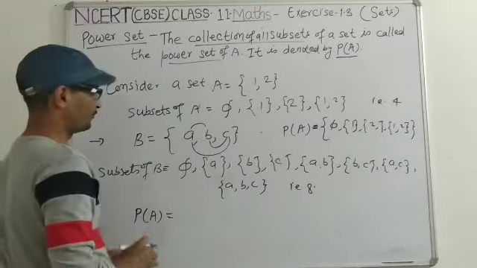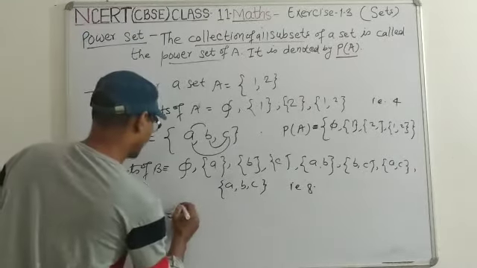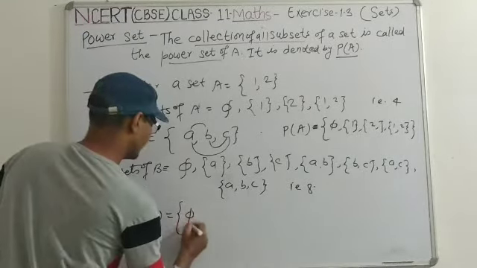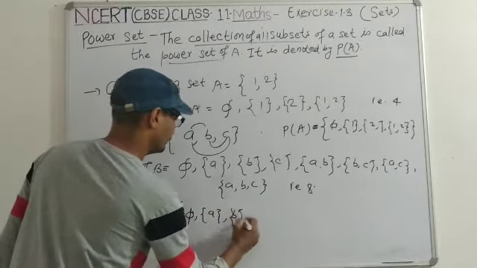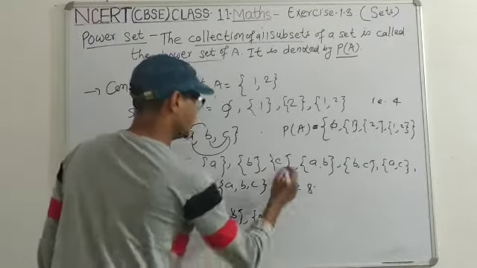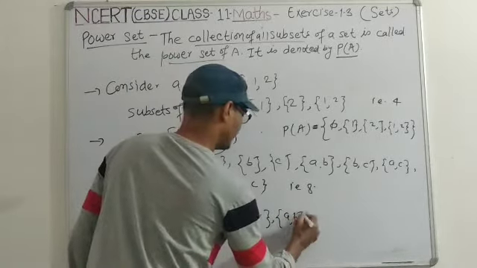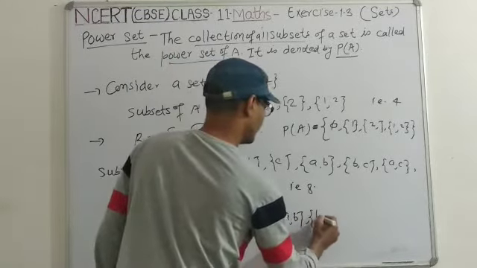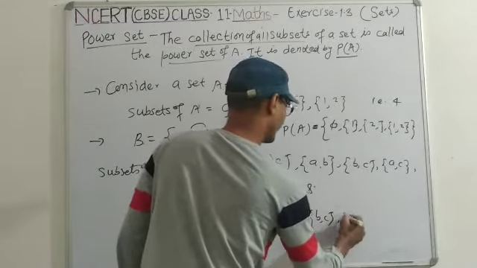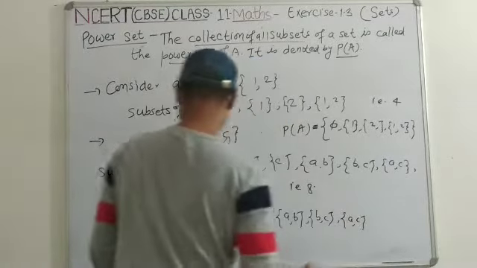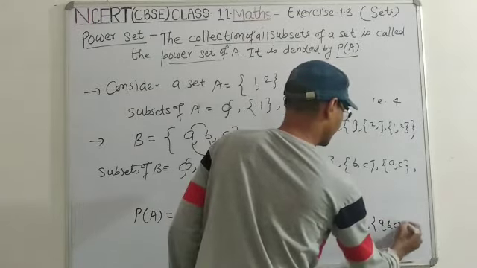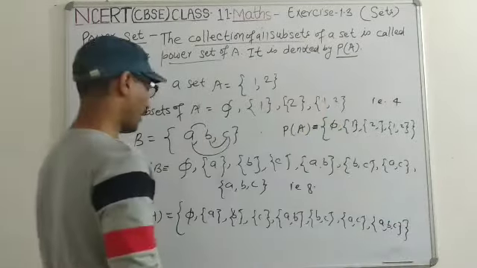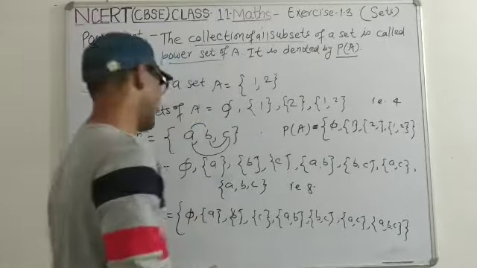P means power. How many here? We will write the collection like this: inside curly brackets we write phi, A, B, C, AB, BC, AC and ABC. So the collection of all the subsets is known as power set.